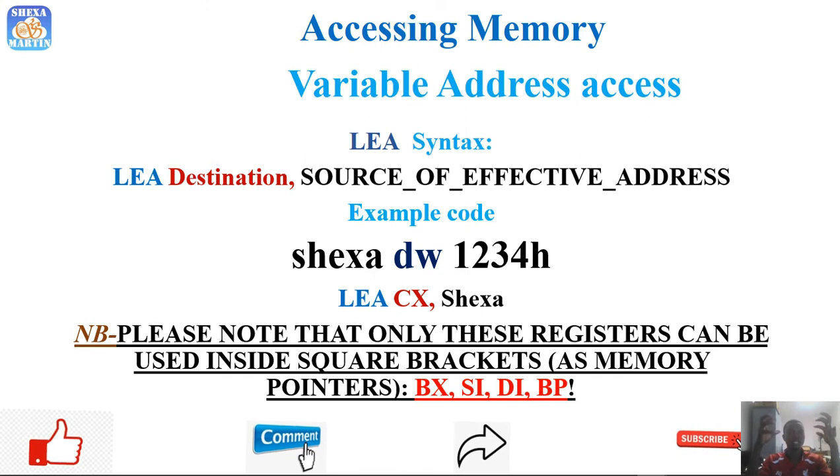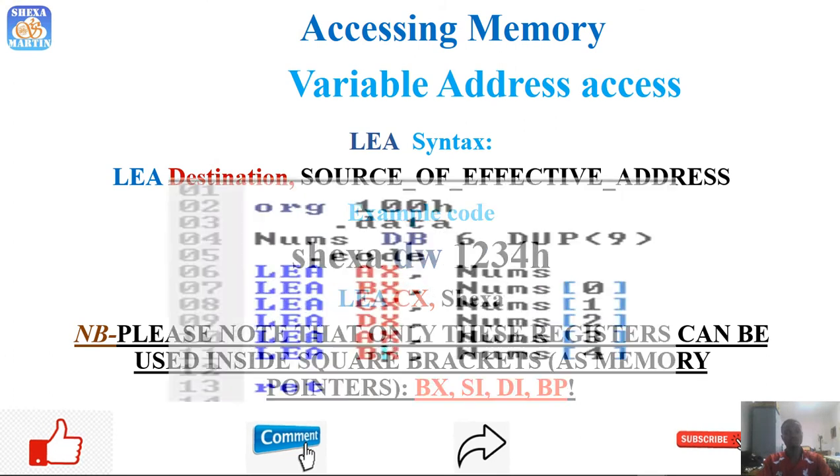They point to memory. Like we said earlier, these are the only 4 registers that are used to access memory. And whenever you want to access memory, you use the square brackets, and anything within the square brackets represents the effective address or the memory location to be accessed.